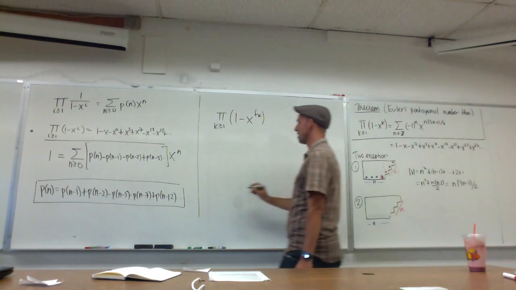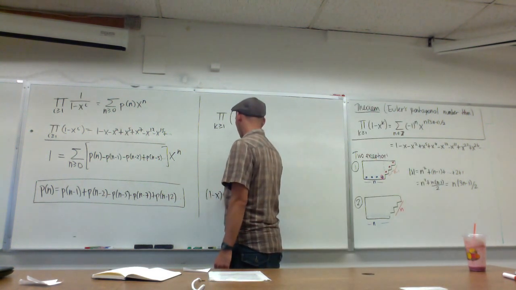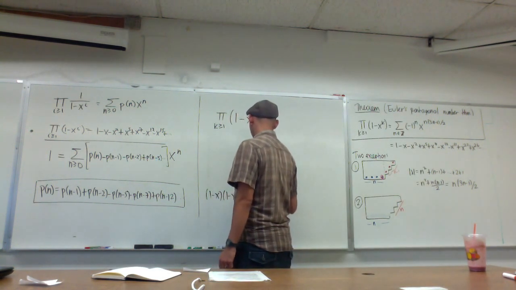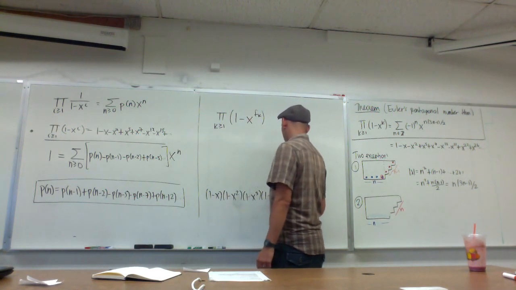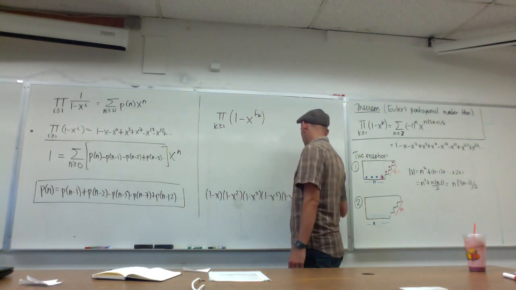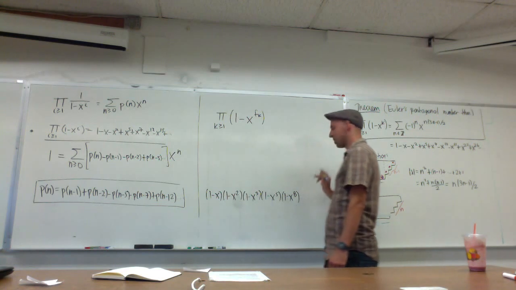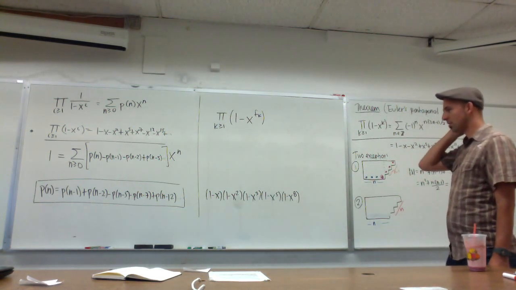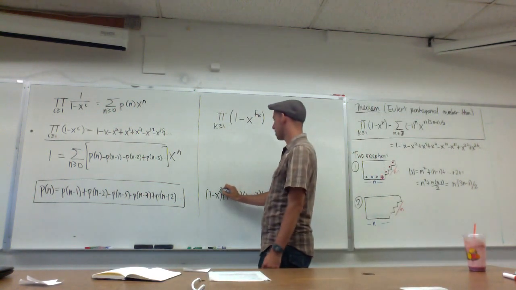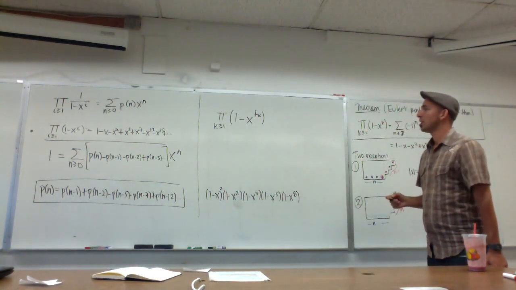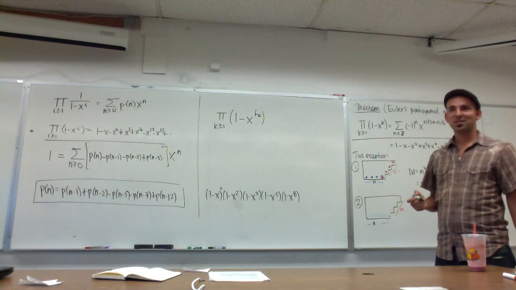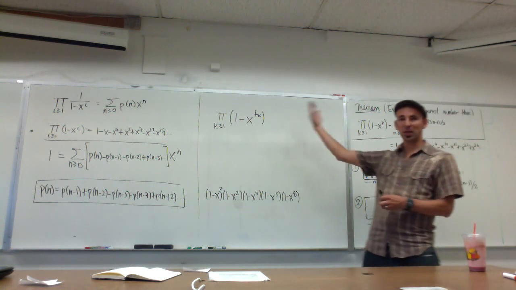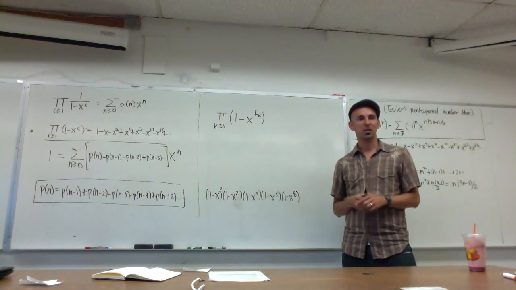So you do 1 minus x, 1 minus x squared, 1 minus x cubed, 1 minus x to the 5th. Only one minus x. It's a good point. I guess this one appears twice. Okay, well that might seem very strange. You end up getting partitions into Fibonacci numbers and split into even and odd parts.